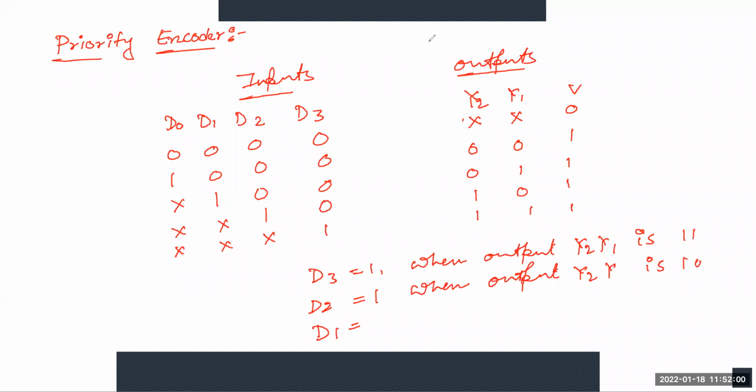I have said that for D3, the highest priority level, when the input is 1, the output Y2 Y1 is 1 1. The next is D2, the next priority level, and in that case the output is 1 0. That is, if D2 equals 1 and D3 equals 0.